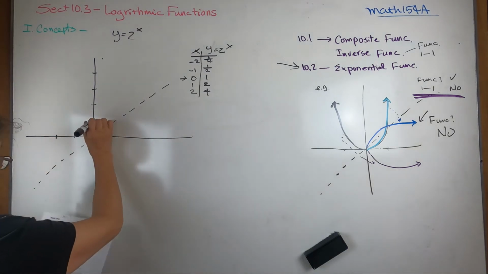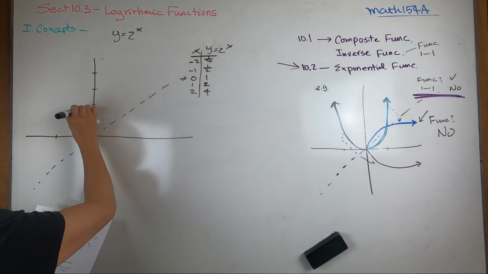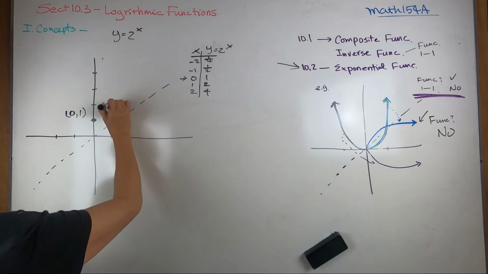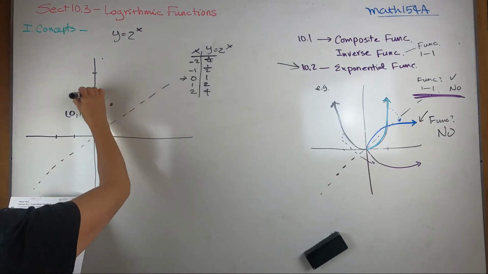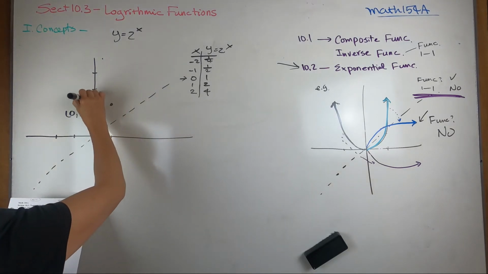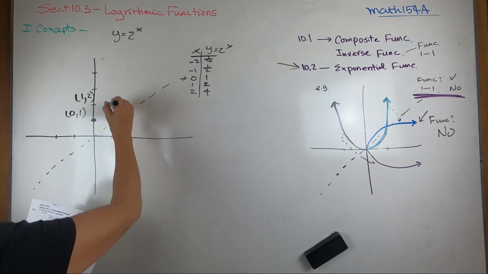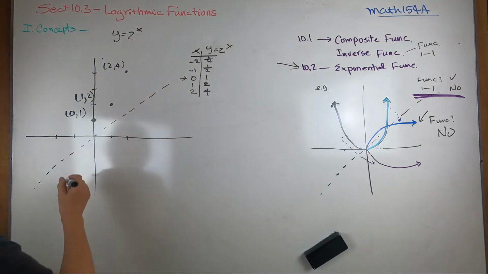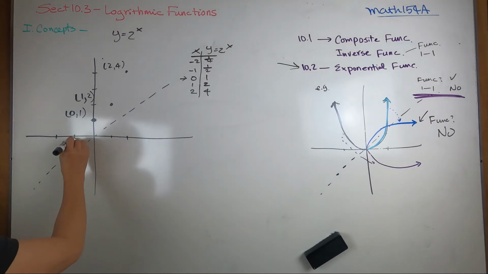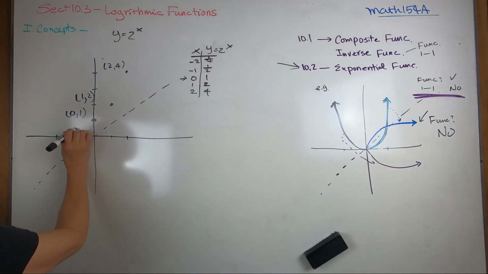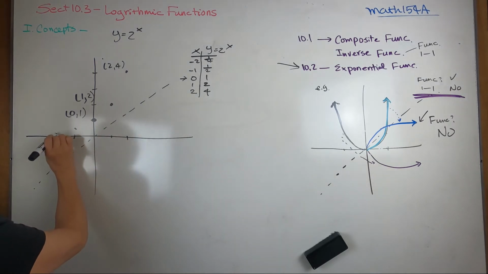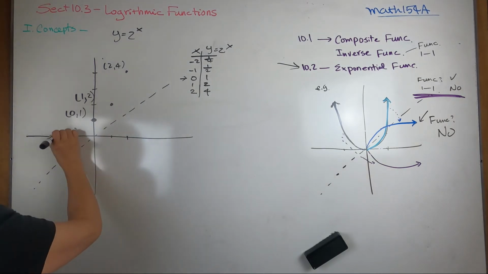So 0 to 1, 1 to 2, 2 to 4, and -1 to half, and -2 to the quarter.